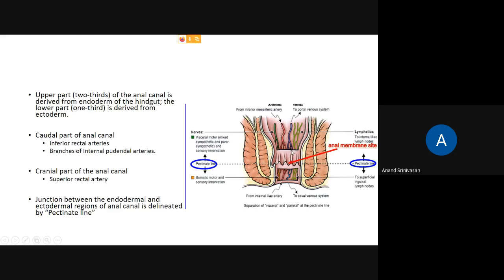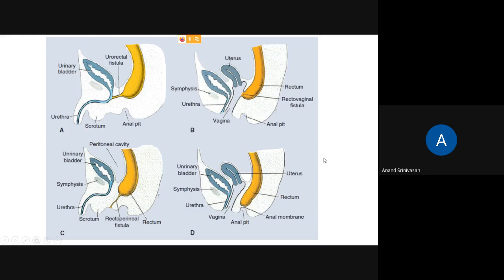Internal hemorrhoids can be due to portal hypertension. All those are gross anatomy. The main thing is you need to know where this line is, how it is formed, and what is the importance of the pectinate line.